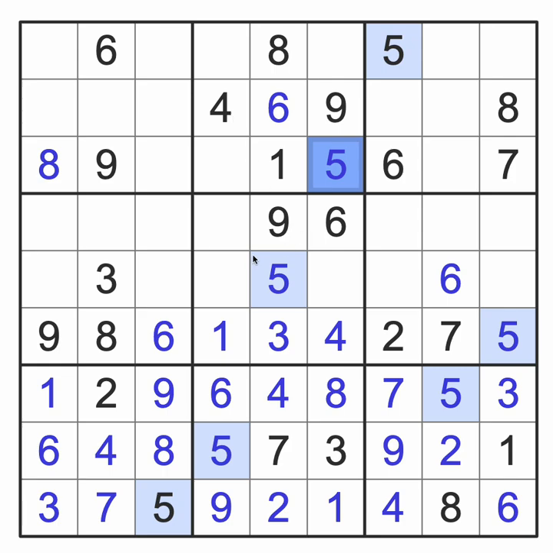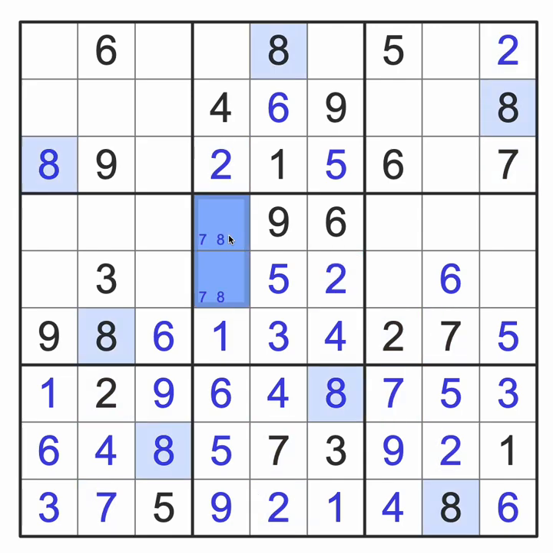Okay, 2 and 2. 2 in box 9 and 2 in box 6 will block these in box 3, gives me 2 here, which blocks these 2 cells, gives me 2 here, which blocks these, gives me 2 here.